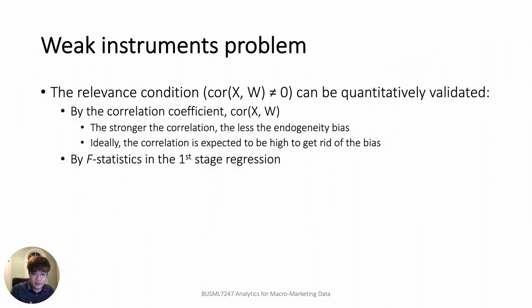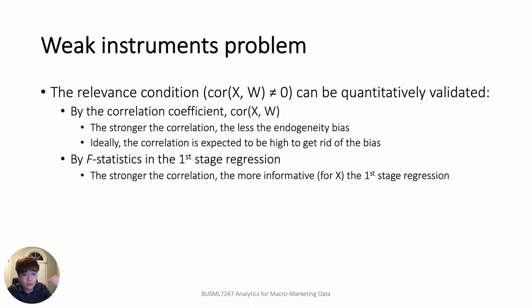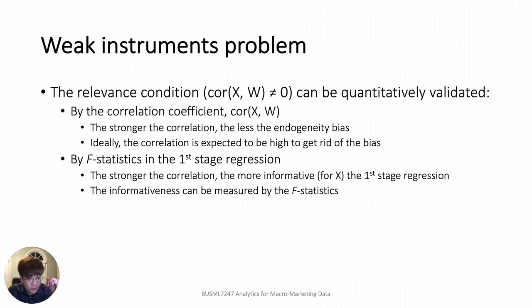Another way for the validation is to compute the F statistic in the first stage regression. The stronger the correlation, the more informative the first stage regression becomes for the endogenous variable. The F statistic in a regression measures the informativeness.